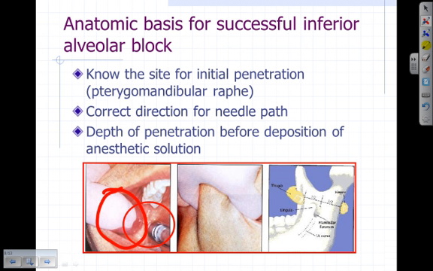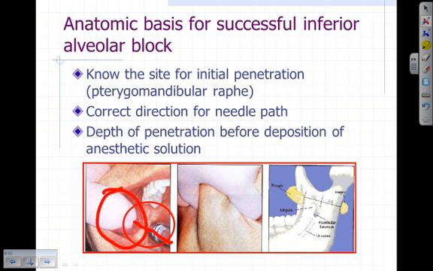You're then going to center the needle stick in the pterygomandibular raphe. You're going to position the syringe coming out over the premolars on the other side, the first and second premolar, and you're typically going to go about 2/3 the length of a 27 gauge long needle, that depth of penetration, before anesthesia.